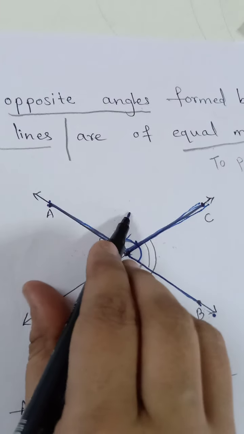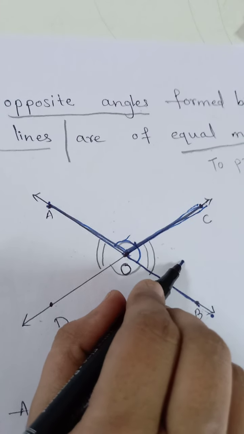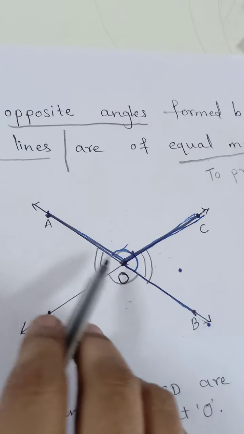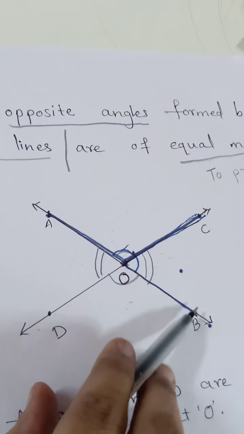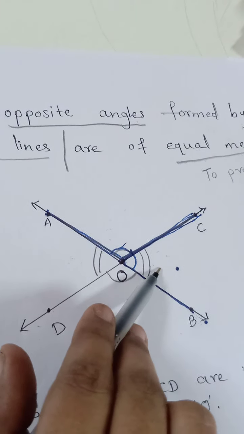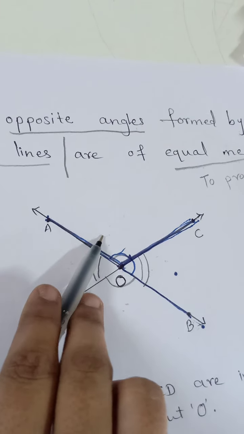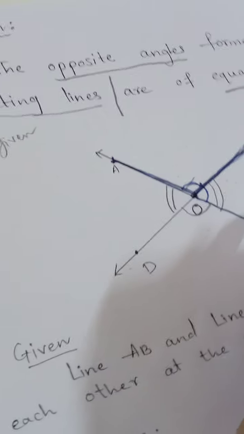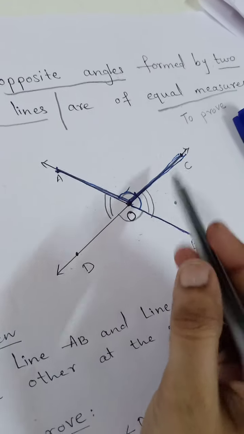So the addition of these two angles is 180 degrees. So we can take first angle AOC and second angle BOC. These two angles are a linear pair. Therefore the addition of the measures of these two angles will be 180 degrees. So first I will take measure of angle AOC plus the next angle, angle BOC.